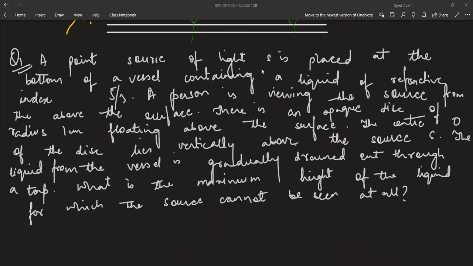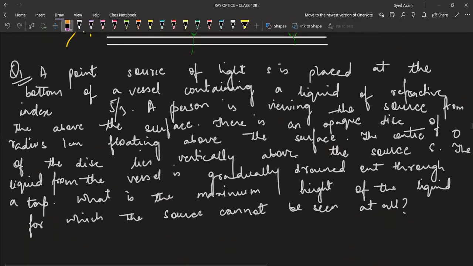A point source of light S is placed at the bottom of a vessel containing a liquid of refractive index 5 by 3. A person is viewing the source from above the surface.